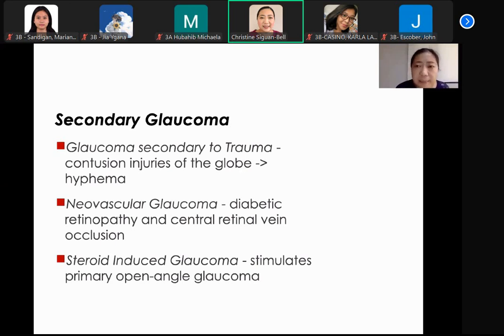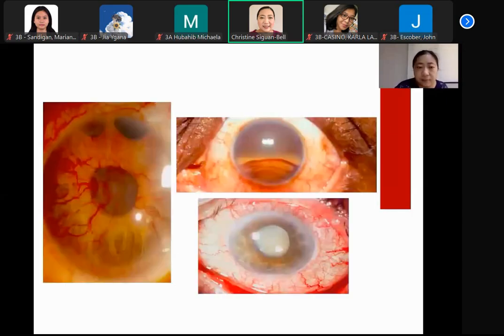Steroid-induced glaucoma simulates primary open-angle glaucoma. Any history of prolonged steroid use, especially topical eye drops, can cause steroid-induced glaucoma. But there are also instances where oral prednisone or oral steroids can cause this condition.